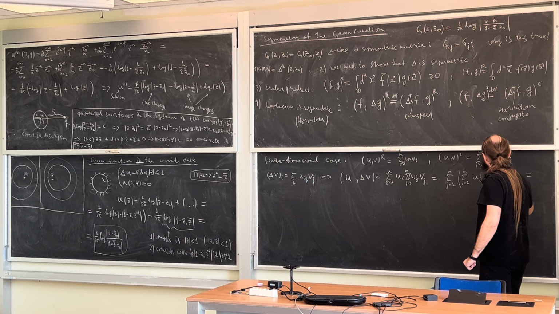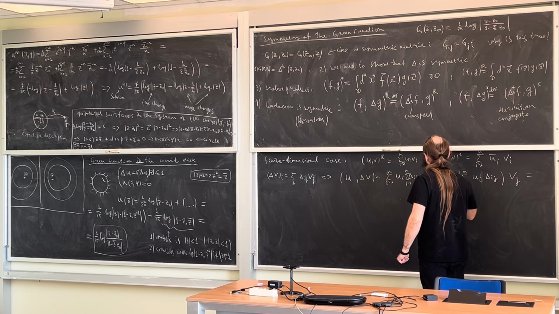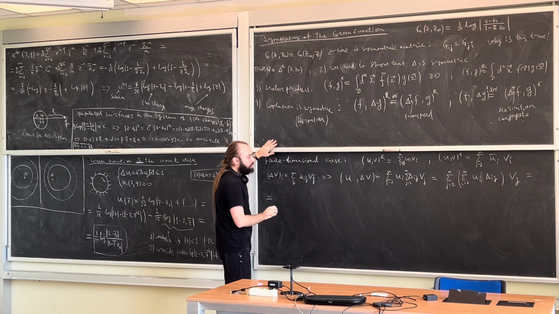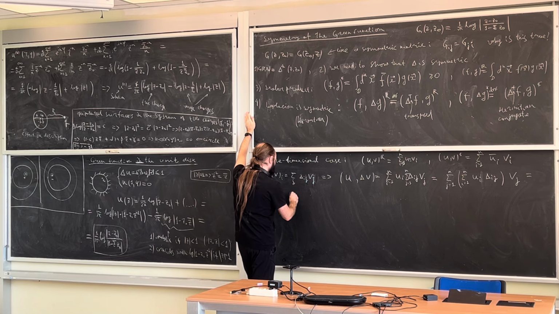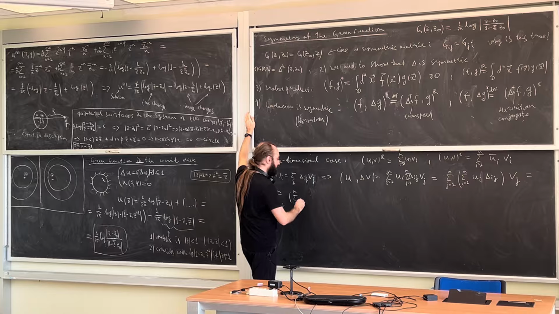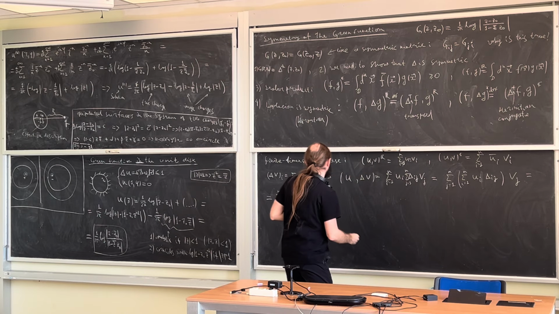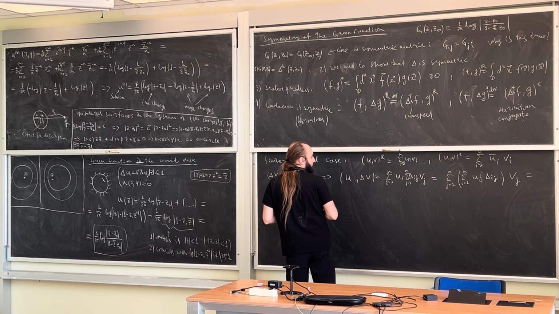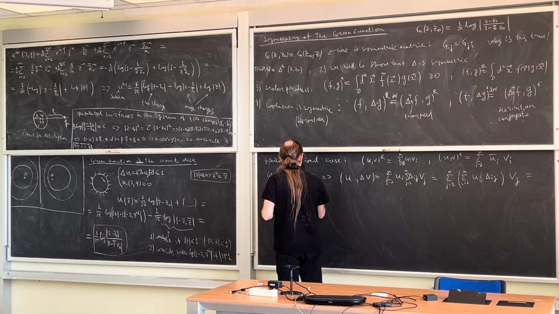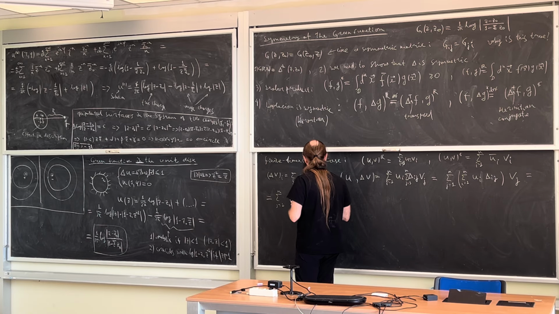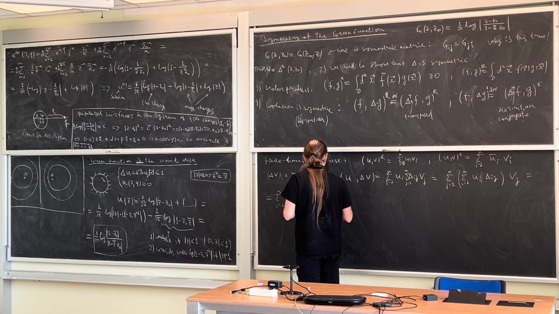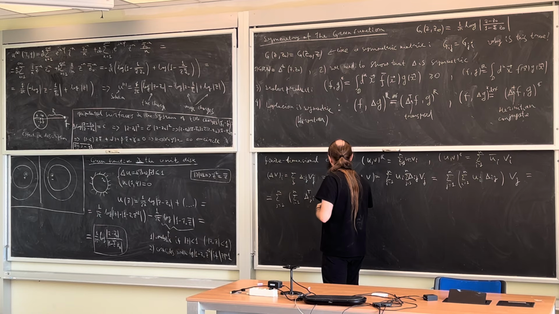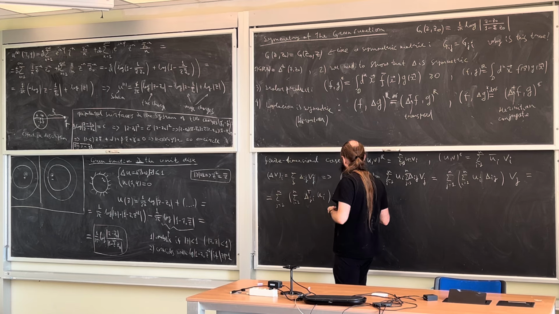So we can say that it equals to sum from j equals 1 to n, sum from i equals 1 to n of u, so let me write it like delta transposed ji with j.